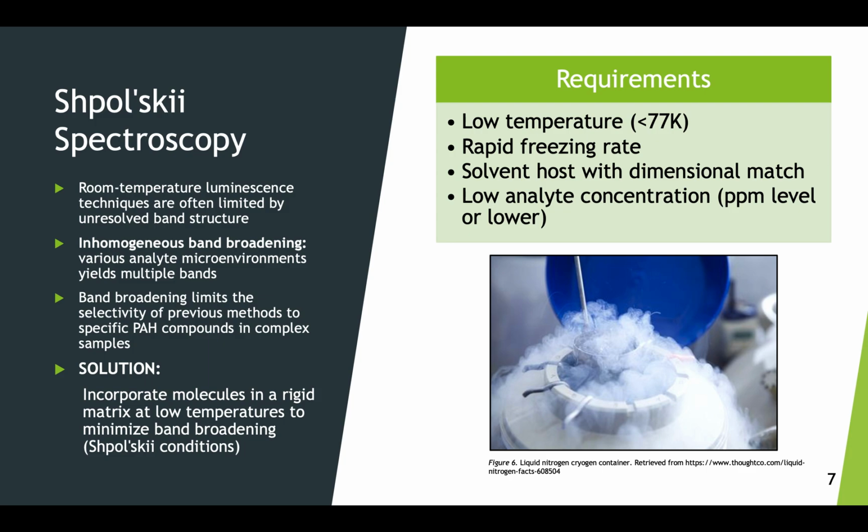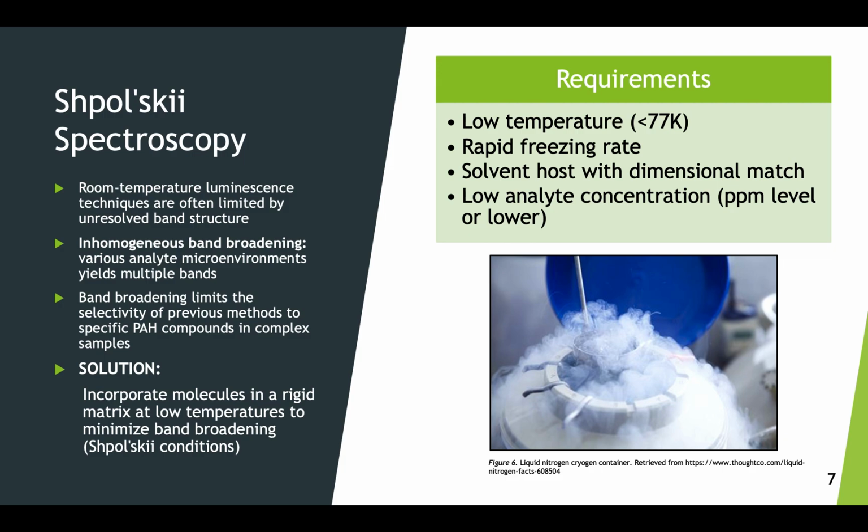This is in part due to inhomogeneous band broadening, which is caused by various analyte microenvironments, or many of these PAHs in a sample are experiencing different microenvironments, and therefore this yields multiple bands. The band broadening limits the selectivity of these methods for specific PAH compounds in complex samples.